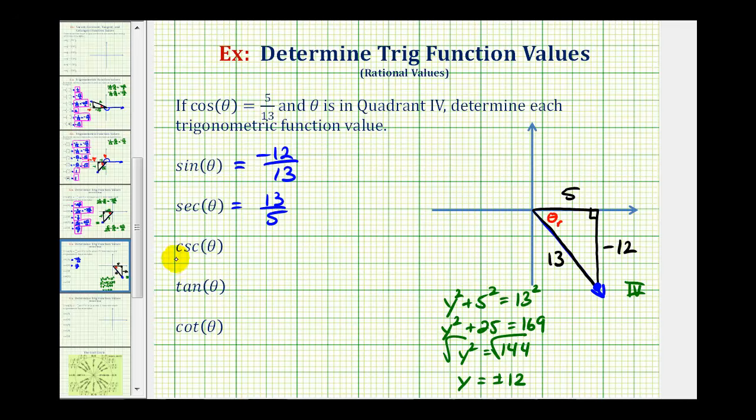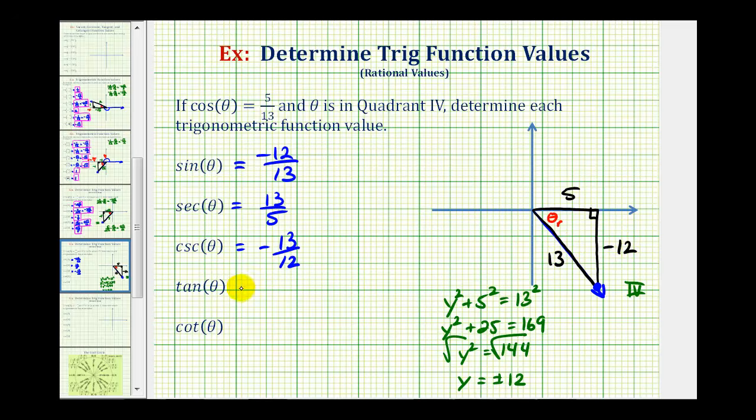And there's two ways to find cosecant theta as well, since cosecant is equal to the reciprocal of sine, and we know sine theta equals negative 12/13, then cosecant theta is equal to negative 13/12. Or using a reference triangle, we'd have the ratio of the hypotenuse to the opposite side, again, negative 13/12.